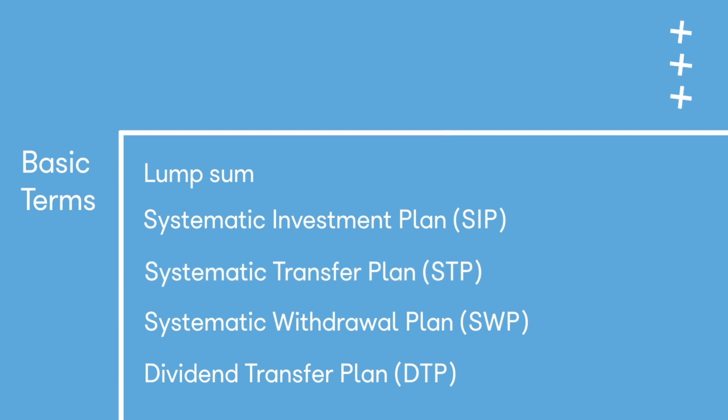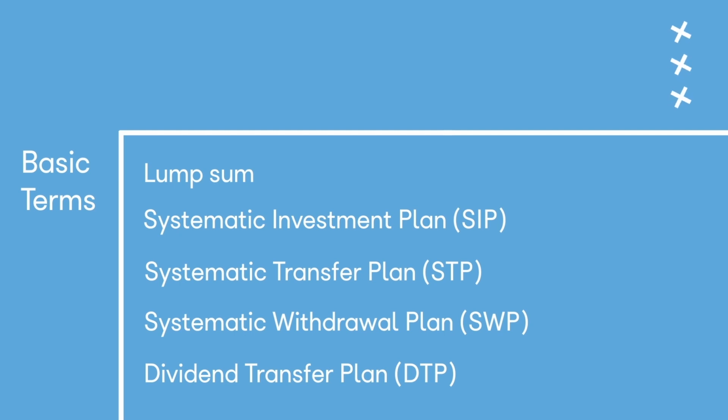STP, or the Systematic Transfer Plan. It is again another investment strategy that allows transfer of funds from one scheme to another. SWP, or the Systematic Withdrawal Plan. It is the opposite of SIP. So the part of the investment capital can be redeemed in a systematic or a periodic manner.